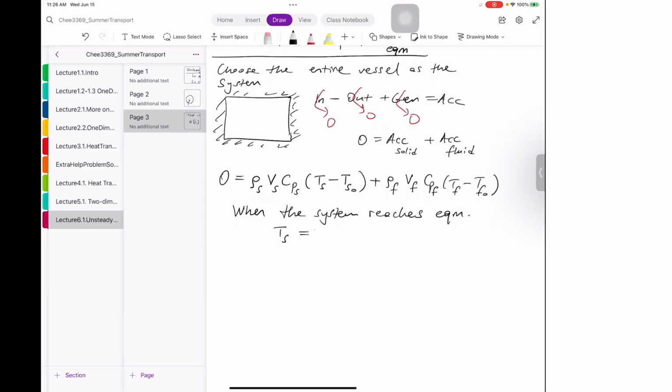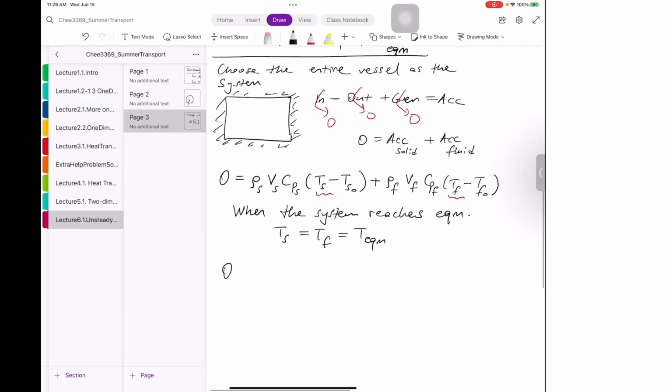Ts becomes equal to Tf, and that becomes equal to the equilibrium temperature. So the solid temperature becomes equal to the equilibrium temperature, and the fluid temperature also becomes equal to the equilibrium temperature, and they become equal to each other. So I'm going to replace this Ts by T equilibrium and this Tf by T equilibrium, and solve for T equilibrium. Okay.